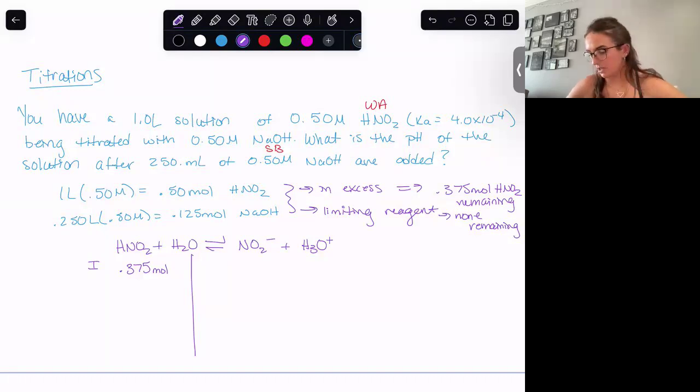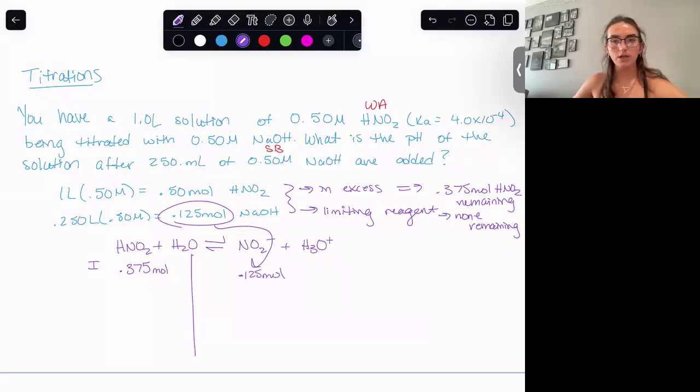How do we know how much NO2 minus was formed? Yeah, Alexis, that's it. We're going to take the limiting reagent, and whatever was used up there was converted into the number of moles of our conjugate base, right? Because when we used up HNO2 and NaOH, when those combined together, it formed some NO2 minus. So that'll be kept there.